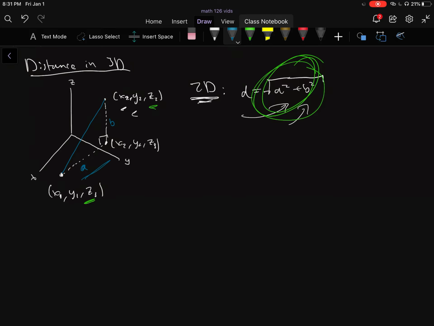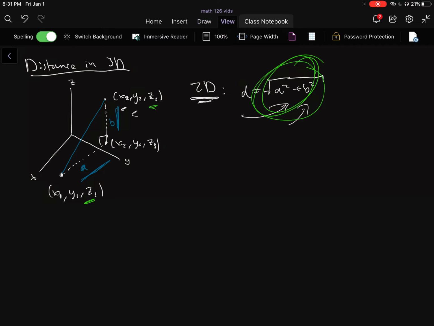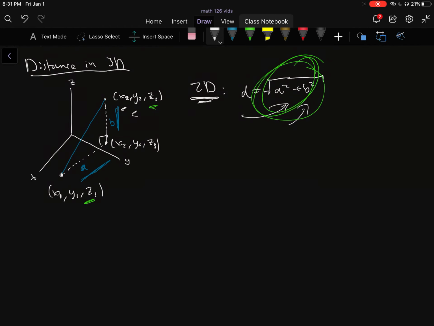We're also able to find the distance of B. So we actually can use this formula, the square root of a squared plus b squared. We just have to find a.